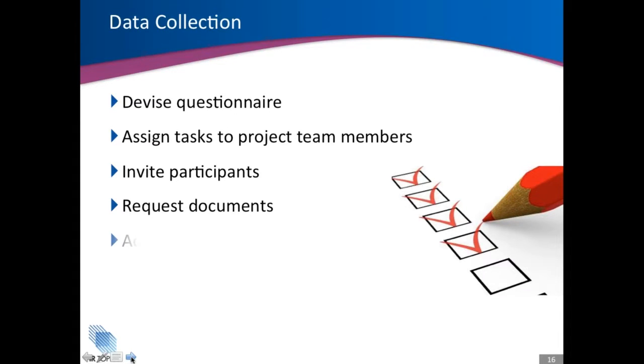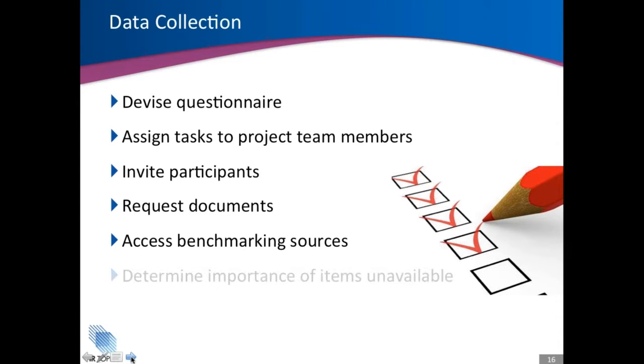At the same time, you can certainly request the documents you need and think about starting to access those benchmarking sources very early on. And then really determine up front if certain items are just not available or they are going to be so cumbersome to find. How important is it really that you have those items?